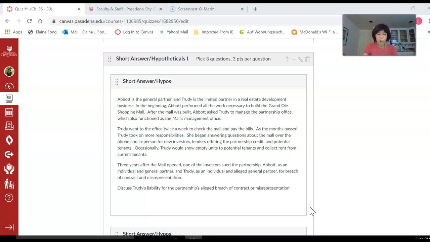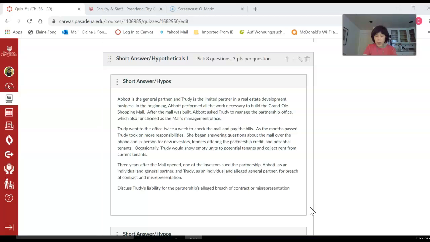So this first question is about Abbott, who is a general partner, and Trudy, who is a limited partner. Now, Trudy starts out helping at the partnership office, the mall management office, and her duties start to grow. She starts out in clerical work, and she goes to answering questions on the phone or in person for new investors, lenders, potential tenants.